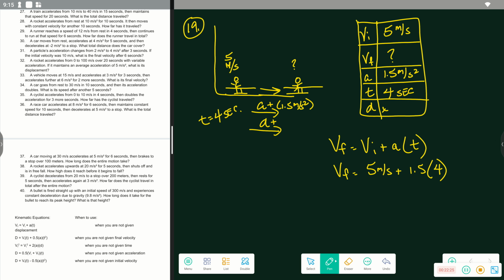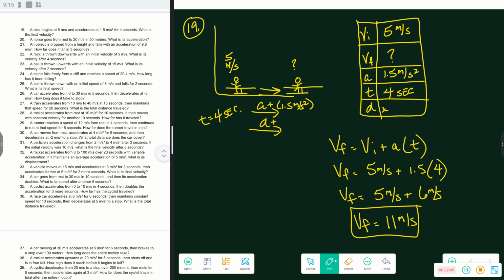So you end up with the final velocity is 5 meters per second plus 6 meters per second, and it's 11 meters per second. So that's number 19.